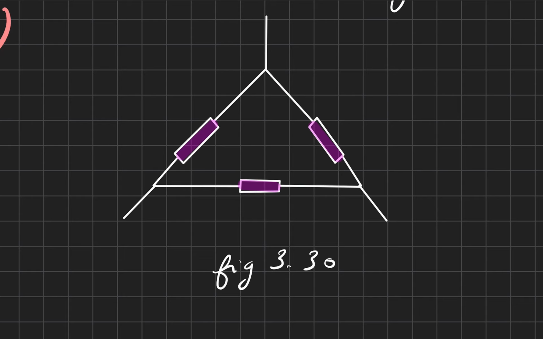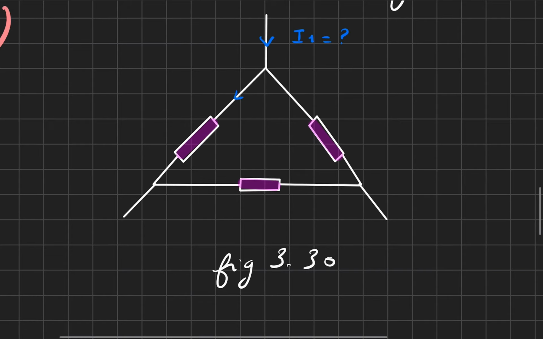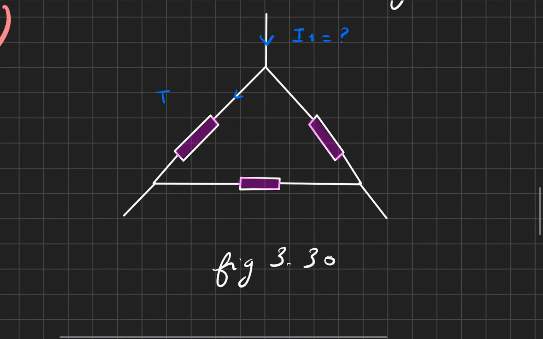Let's use this blue color here. So I1 is up here. We don't know what's I1. I2 is in this branch, and this is I4 in this branch, and I4 is 2 milliampere.